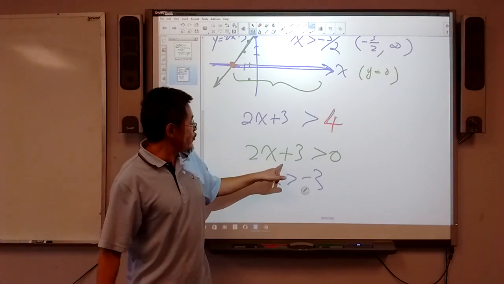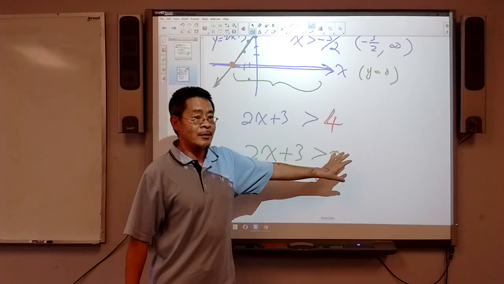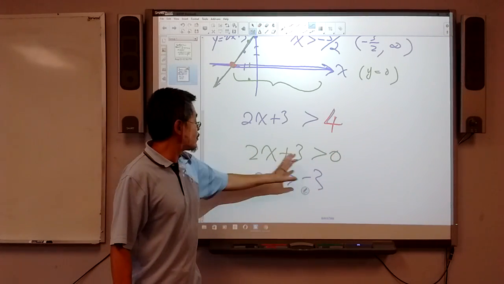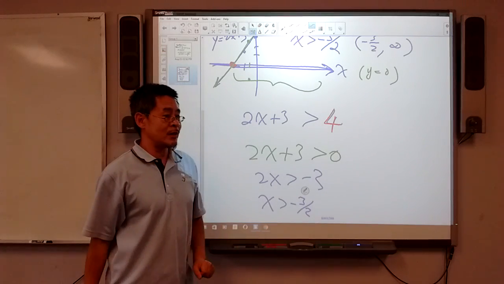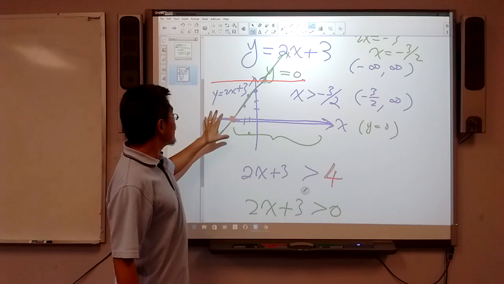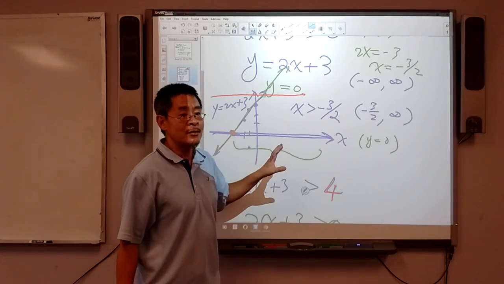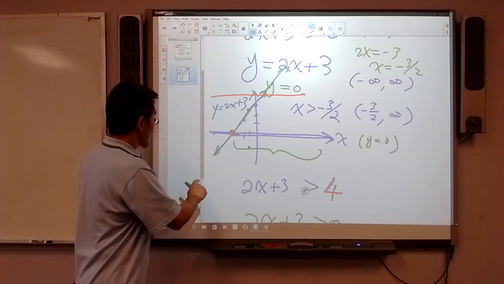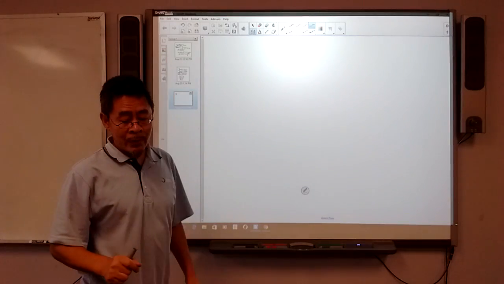If you subtract 3 on both sides, this inequality is still true, right? So that's where we can push this over. Then x is greater than that. So that's how we solve it. But what that means is this, okay? And when you are using a graphing calculator, it's easy to find the answer, right?